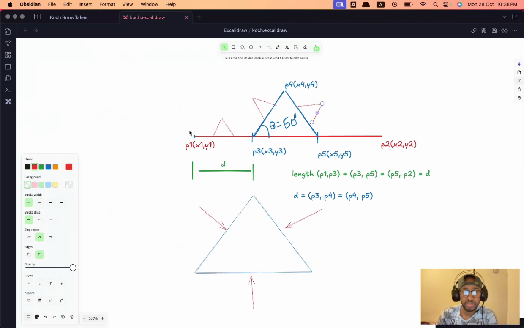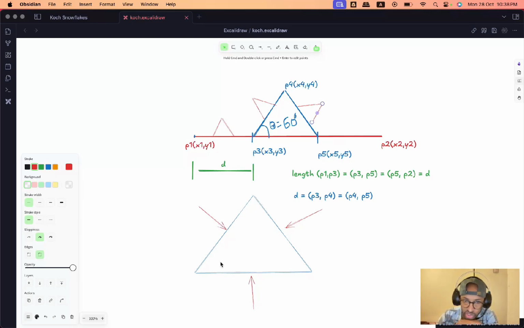So if I have one line here, this line, if I only have this one segment, and my recursive depth is, for example, 3, that means for each iteration I will be creating this 1, 2, 3, 4 segments. So if my recursive depth is 3, that means 4 to the power of 3, or 64 segments I'll be creating.